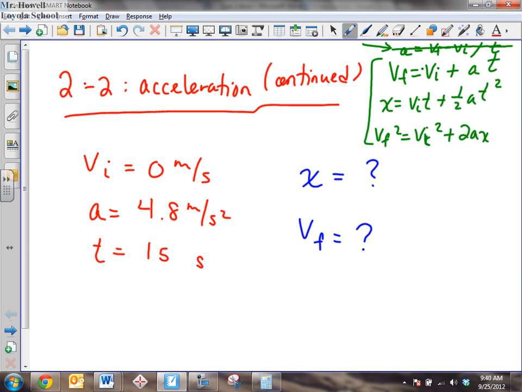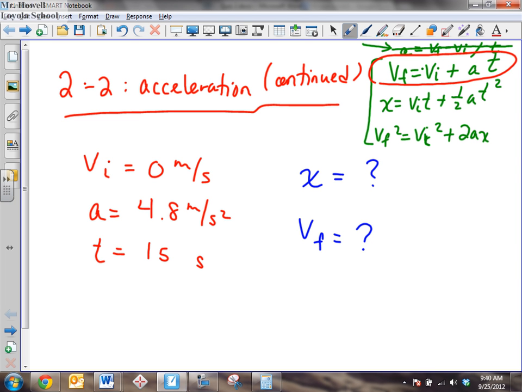Somebody tell me, which of these should I try and solve for first out of VF and X? And secondly, which of the equations should I use? I solve for the final velocity. So which equation, Jeff? You don't need to use the top one. The final velocity was initial velocity plus, yeah. Well done. Why didn't you use the last one, Jeff?